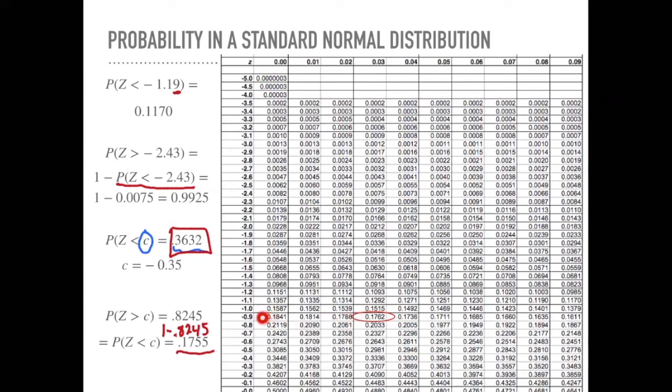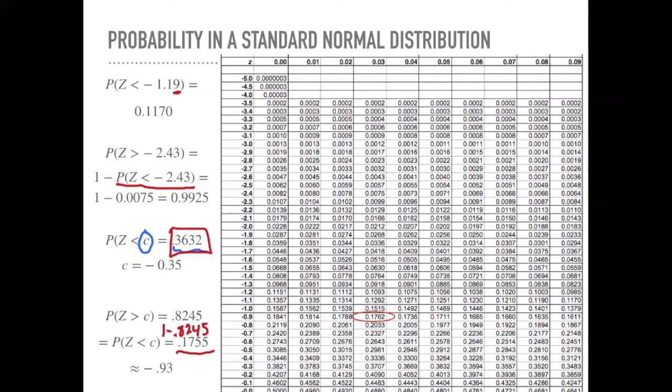So it's coming from negative 0.93. So we'd say this is approximately negative 0.93. It has an area to the right of 0.8245, which means an area to the left of 0.1755. So that kind of gets us started with using the distribution table.